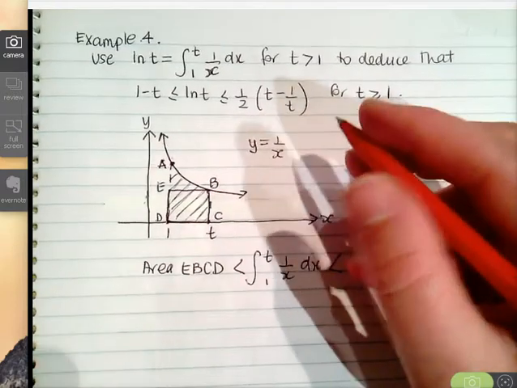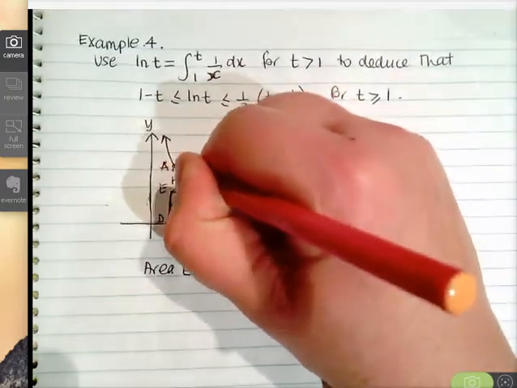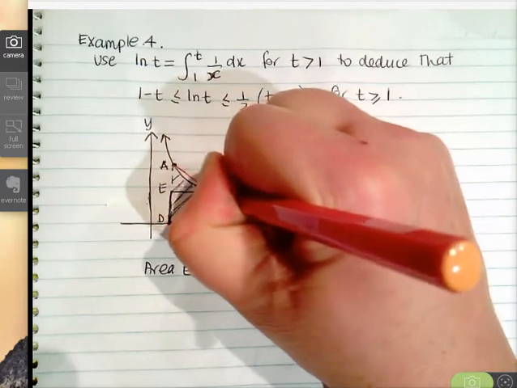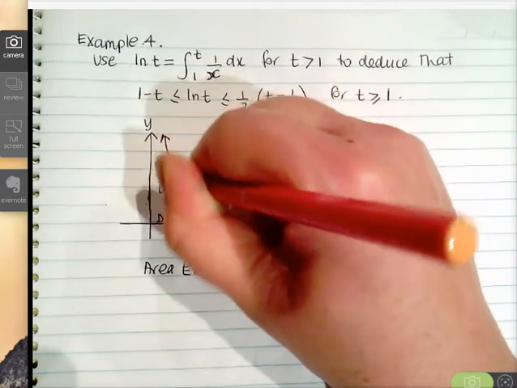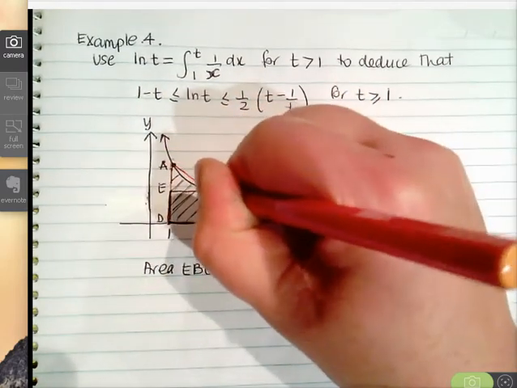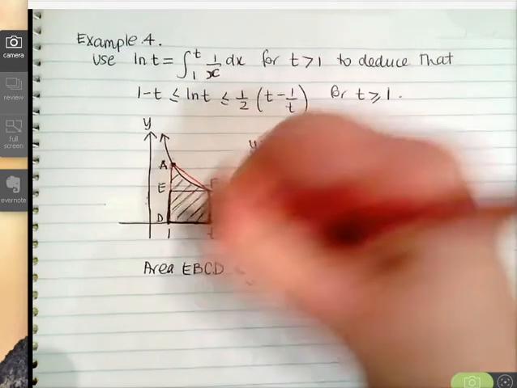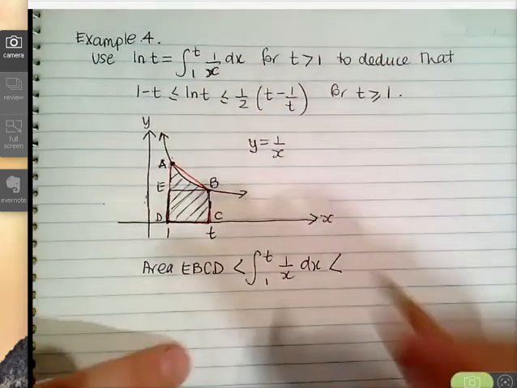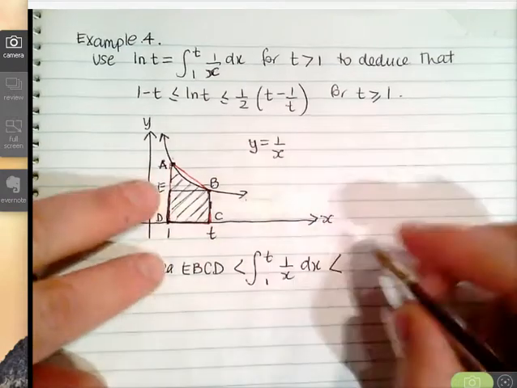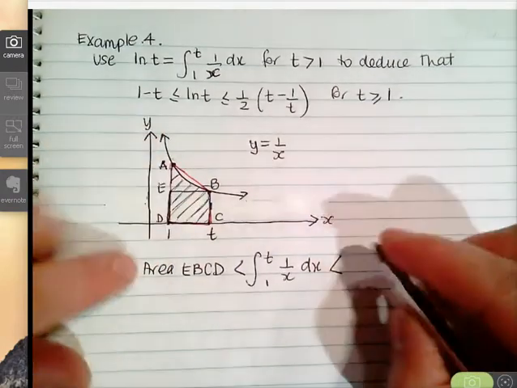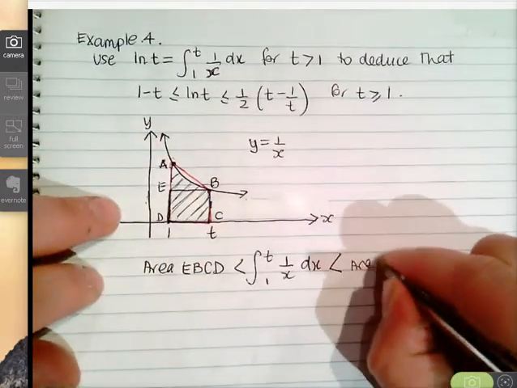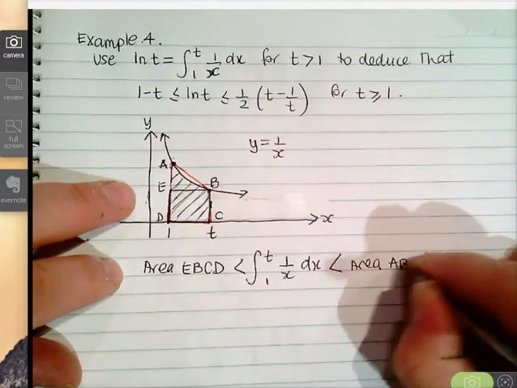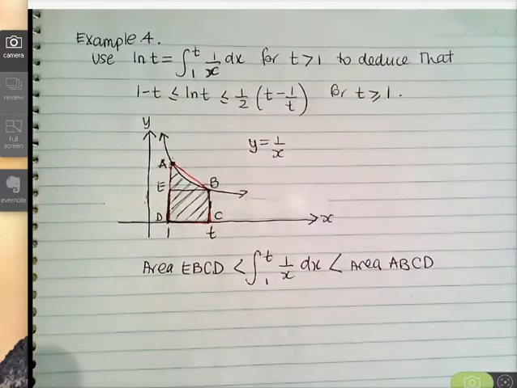I'm going to do a trapezium. This shaded area will be less than the area of this red trapezium, which is the area of shape ABCD.